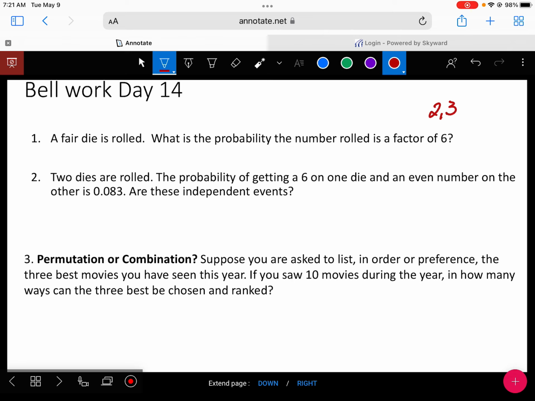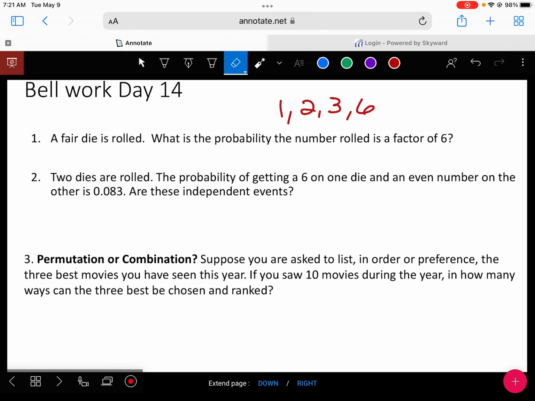What else? 1 and 6. So we want to know the probability that the number rolled is a factor of 6. Oh, great. You can't even see all those. 1, 2, 3, and 6. Bless you. All right, so those are my factors of 6.